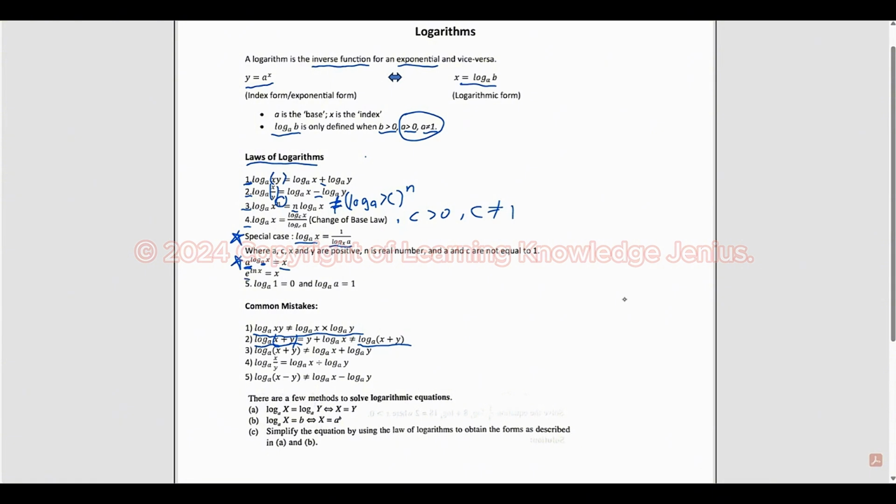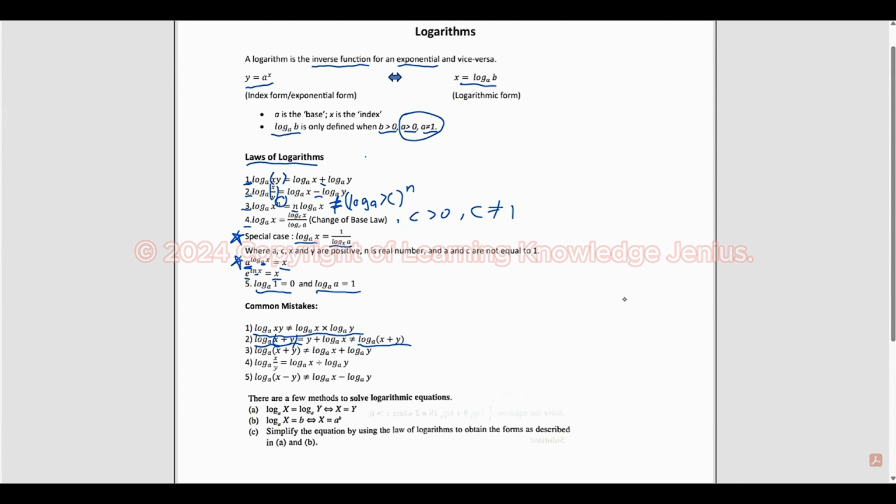Like example e, the base is e, so you can convert to x. This is one of the laws also. And the last one is log a 1 equal to 0, and log a a equal to 1. So these are the several laws you can apply.